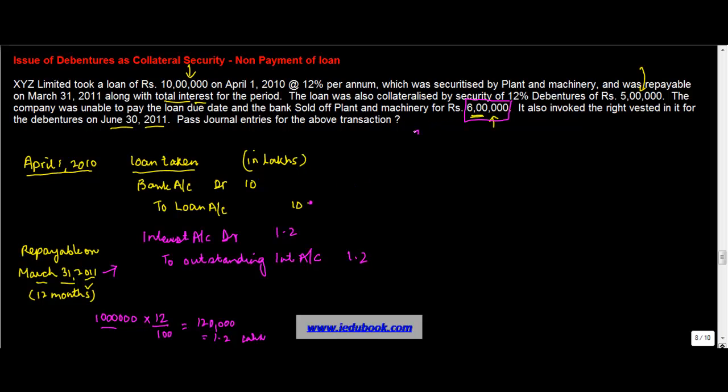Let's assume this transaction also happened on 31/3/2011. So loan account is reduced by 6 lakh. You will debit loan account by 6 lakh and credit plant and machinery. We don't know the cost of plant and machinery and whether there is any profit or loss, so we are not getting into those aspects here.